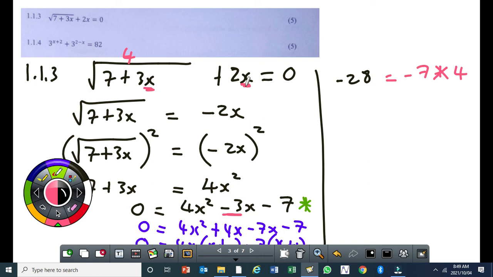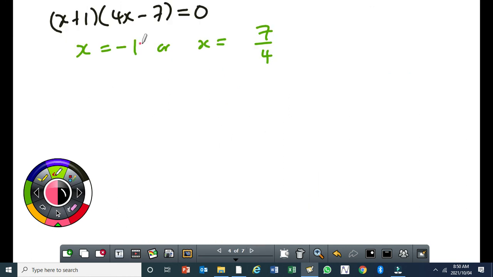If I substitute here, x equal to minus 1, I'll end up getting minus 2. The square root of 4 is 2. It can be a negative 2 as well, but here we take the positive. 2 minus 2 will give us 0, which means this will be a solution. Let's test the other one.